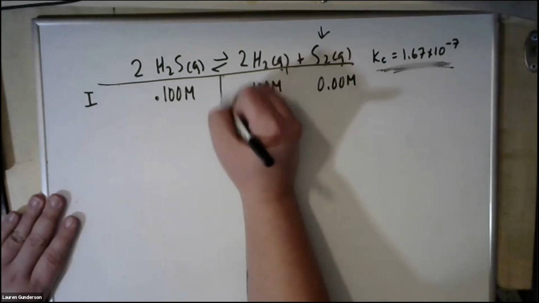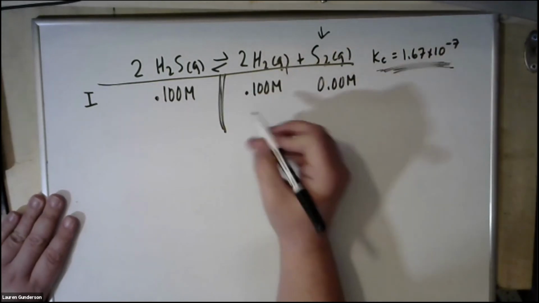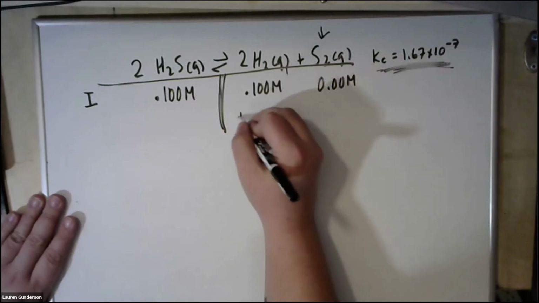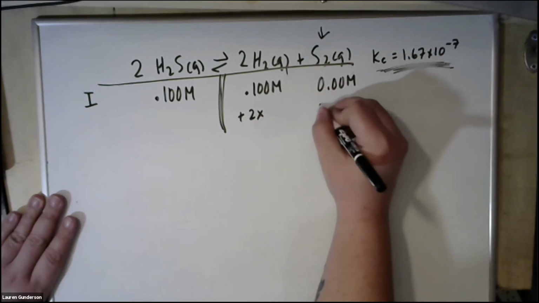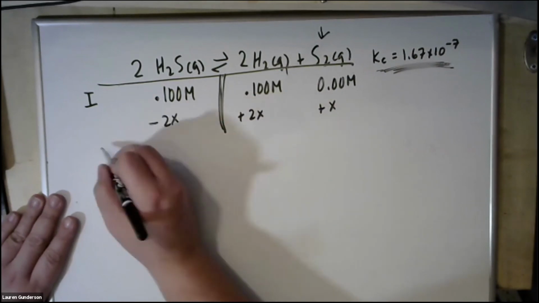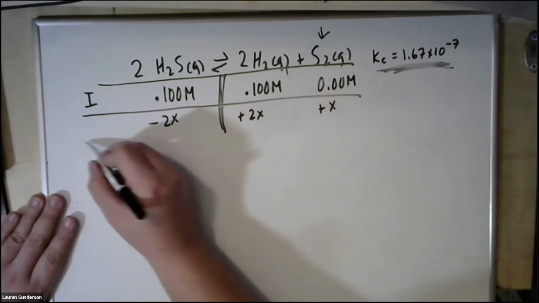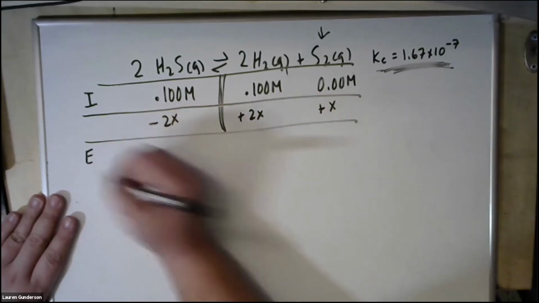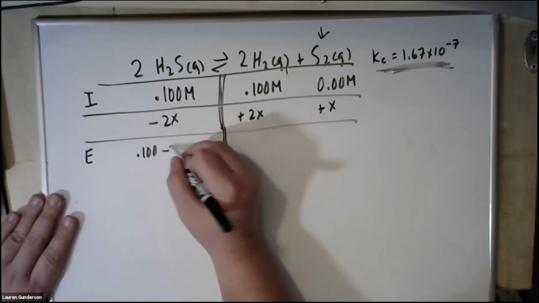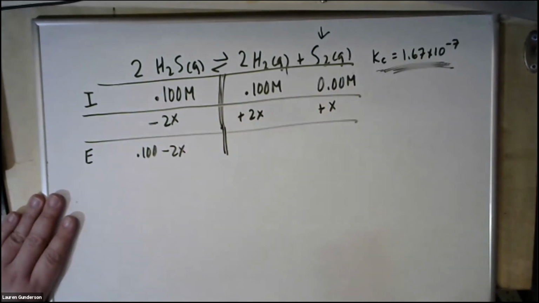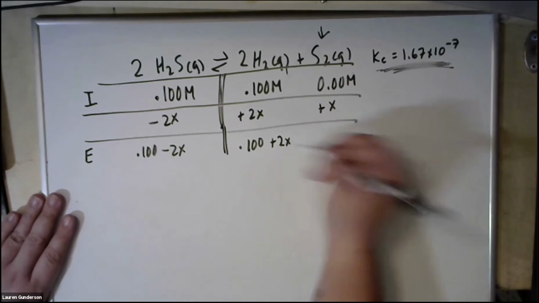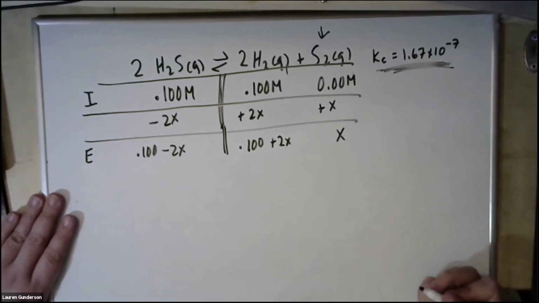But in this case, let's write this like this. We are going to be forming hydrogen gas and sulfur gas, and we're going to be using up the H2S. Okay, so for our equilibrium, it'll be 0.100 minus 2x, 0.100 plus 2x, and x.